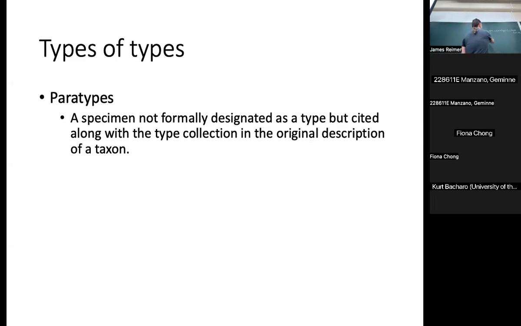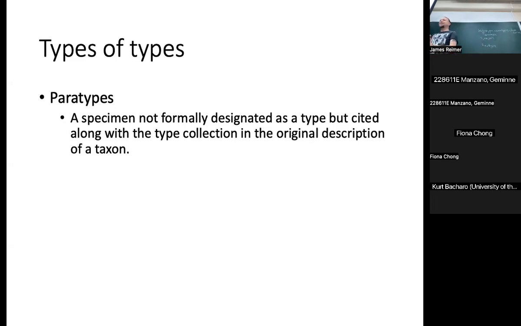Okay? But if there's no holotype, then you just have syntypes. If you have holotype, you don't have syntypes. And then if all of these go missing, it's a neotype. But to do this, you would have a lectotype here, right? And then if they're all missing, it's a neotype.